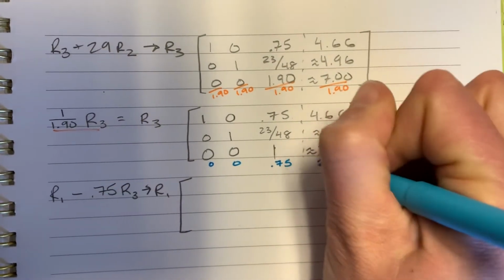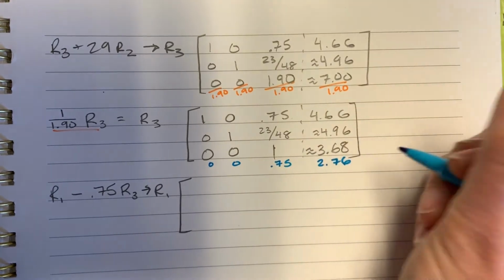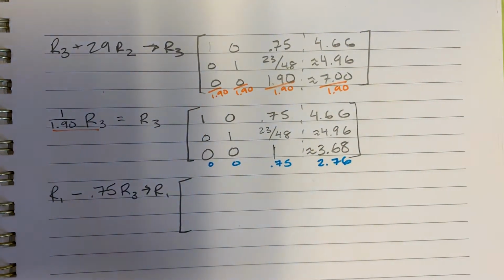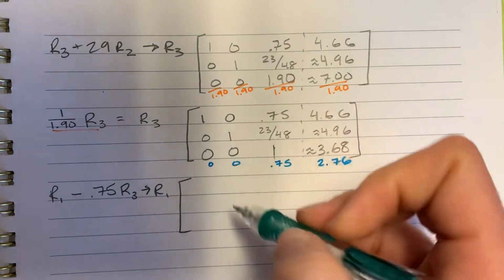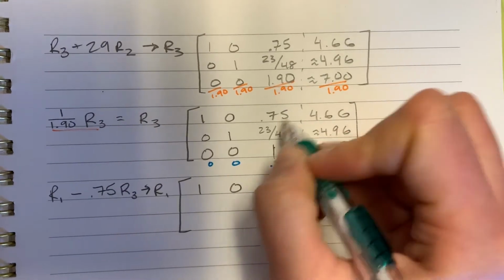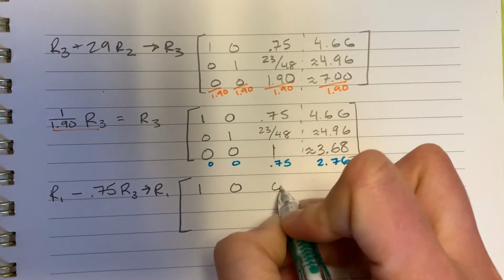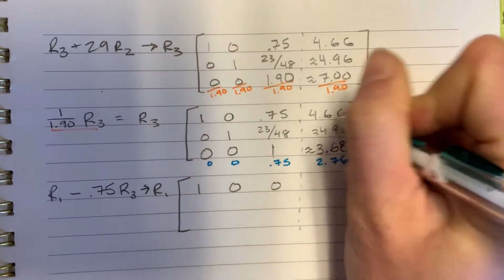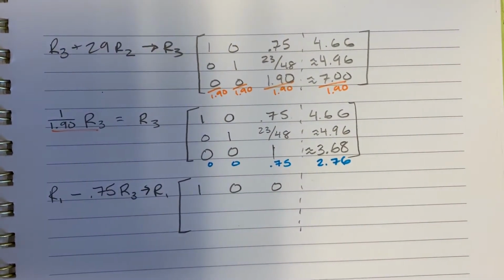I've got 2.76. And I'm subtracting them. So my new row 1, 1 minus 0 is 1, 0 minus 0 is 0, 0.75 minus 0.75 is 0, and then 4.66. Find that in my calculator somewhere.